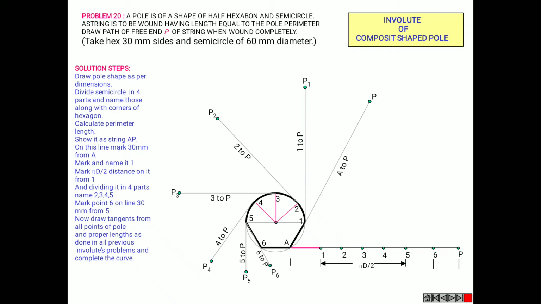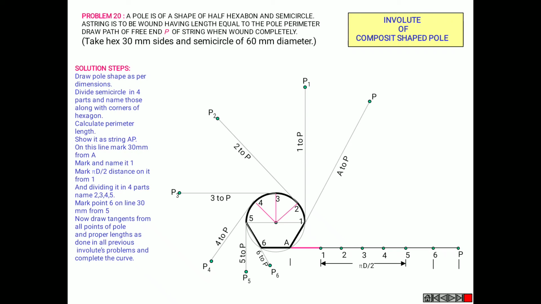So to mark points, measure in your compass A to B and mark the point from A. Similarly from 1 to B, mark your point from 1 to P1 on your tangent passing through 1 in your circle.